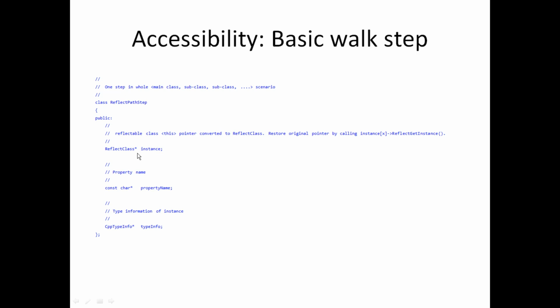We keep it as a base class reflect class pointer, but if we want to restore this pointer as a void pointer, we can use this reflect get instance function call.